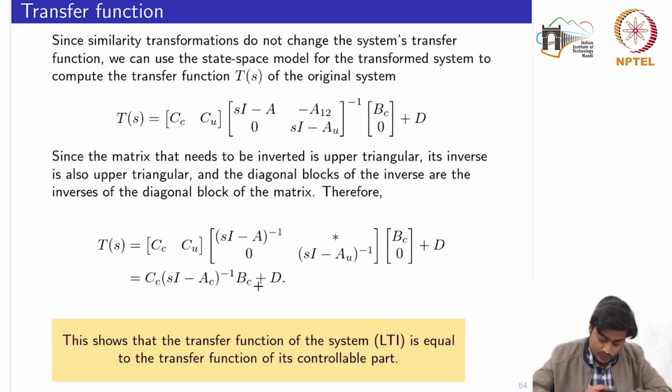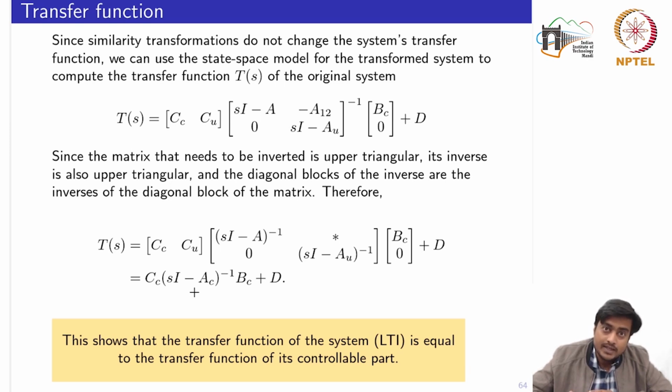You can also use the property that under any similarity transformation, the transfer function does not change. Once we have the explicit representation of the controllable and uncontrollable parts, we know that the transfer function is basically the representation only of the controllable part of the system.